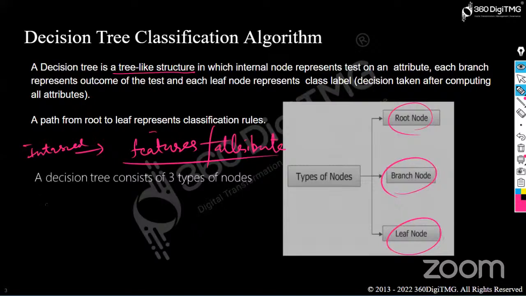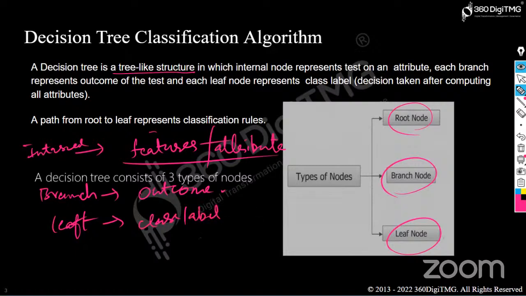And branch node, which will be the outcome. And leaf node will represent the class label. So the class label will be decision, either yes or no. So we refer to that as a classification label.